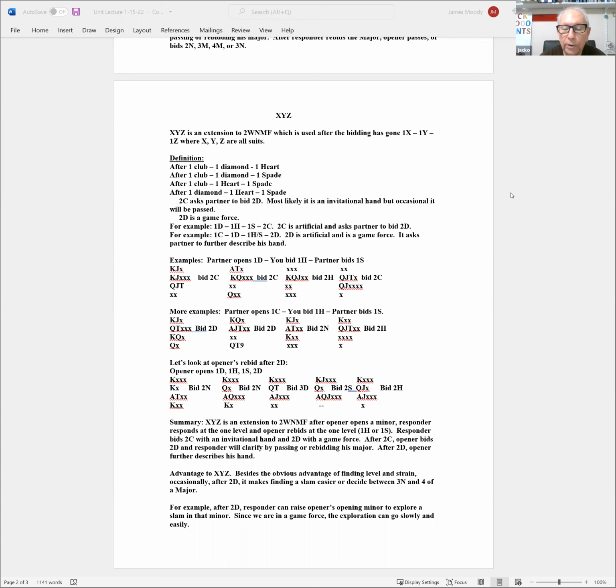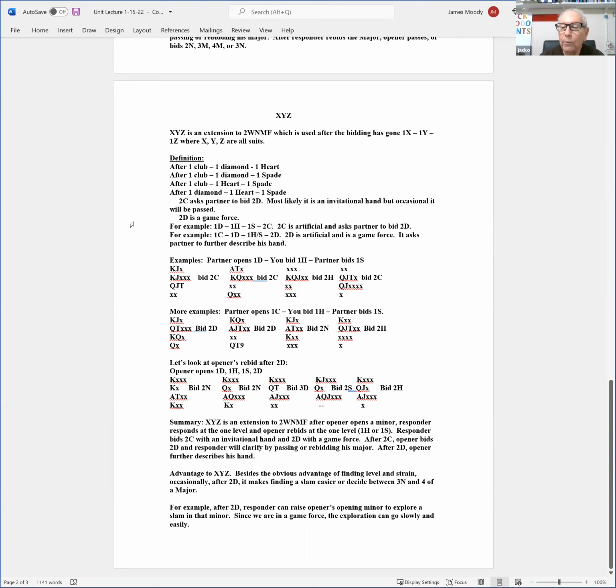XYZ and two-way new minor forcing are the same when opener rebids one no trump, so this is just a little extension. Responder bids two clubs with the invitational hand and two diamonds with a game force. After two clubs, opener rebids two diamonds. Responder will clarify by passing or repeating his major. After two diamonds, opener just further describes his hand because we're now in a game force.